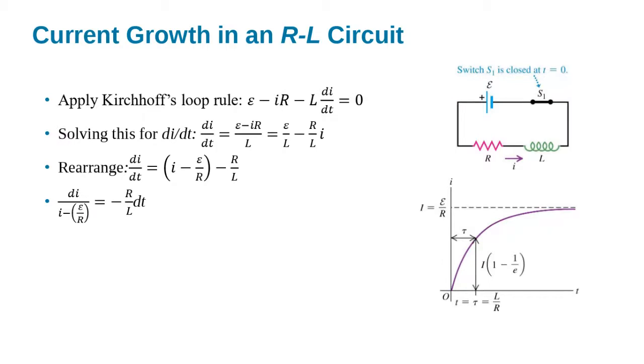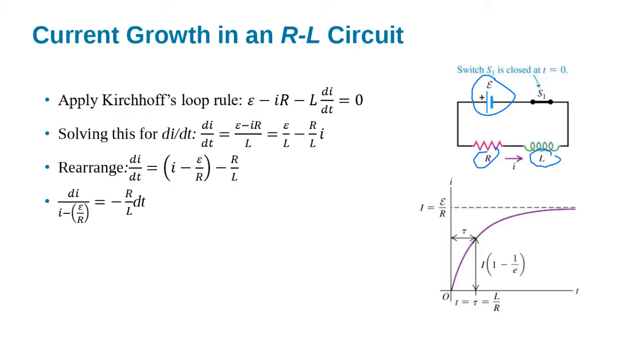So let's look in more detail then about how we get this particular response in current as a function of time. If we think about our circuit that's got an EMF source and a resistance and an inductor, then we can apply Kirchhoff's loop rule.